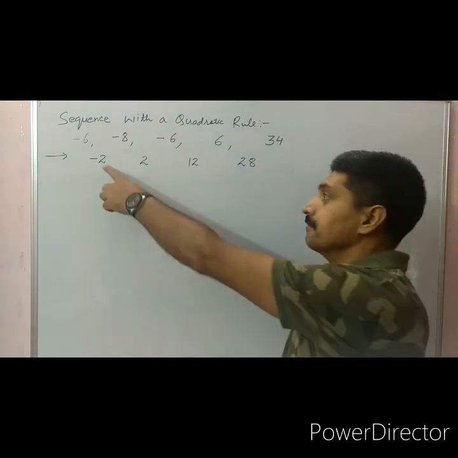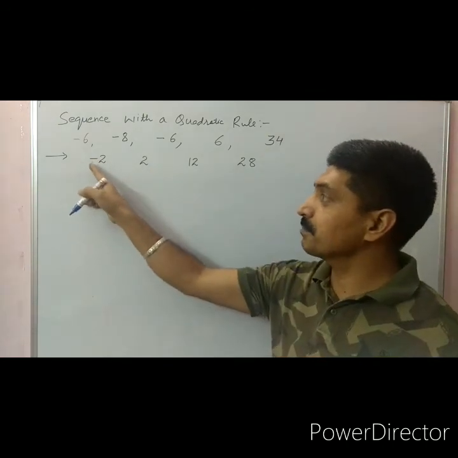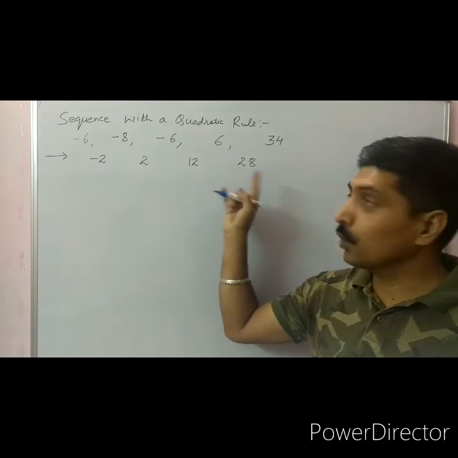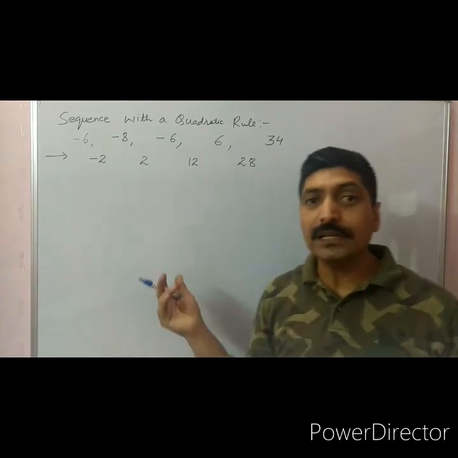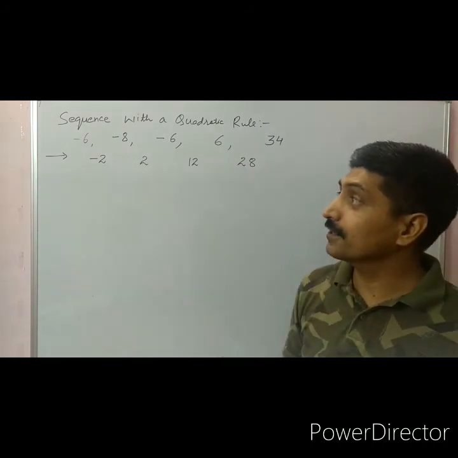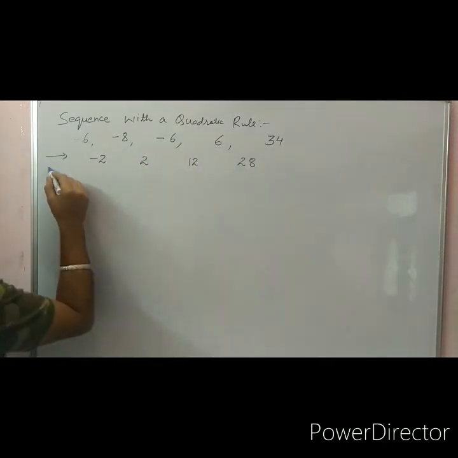In case the first difference is equal, then we will compare with a n plus b, 2a plus b, 3a plus b, and so on, and by putting the values we can go for the linear rule. But here we will now check for the second difference. This is the first difference of the sequence.